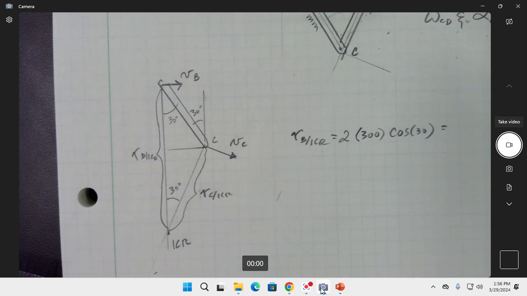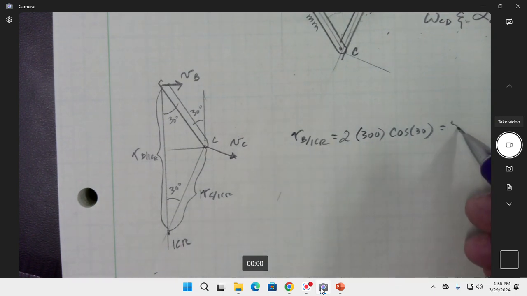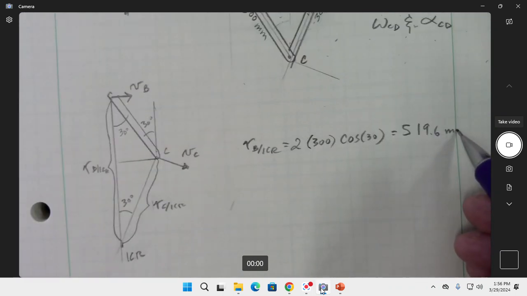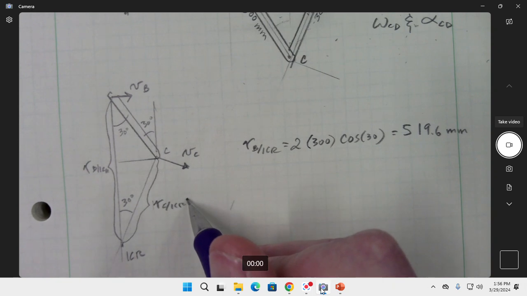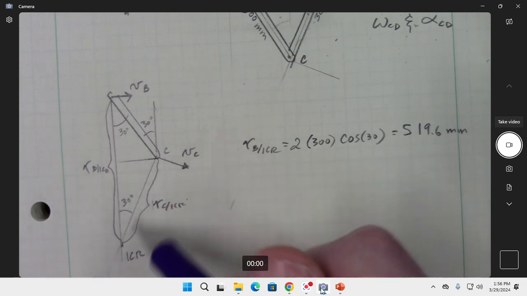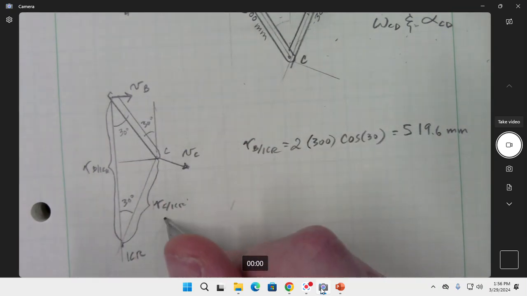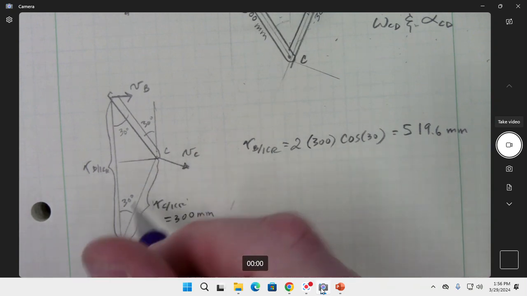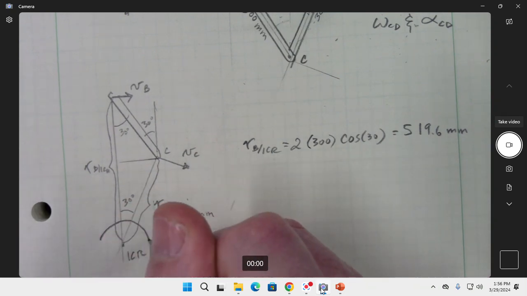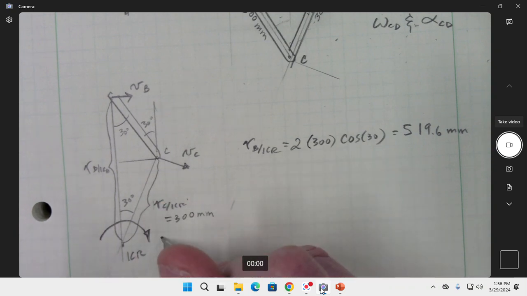That's 519.6 millimeters, and therefore, while we're here, we might want to point out that from observation, this had to be the same length as that, which is 300. I'll put it underneath there, 300 millimeters. So that right there is going to be omega BC.